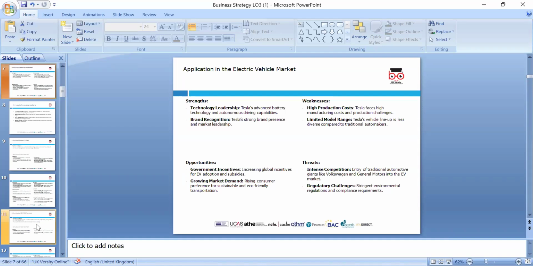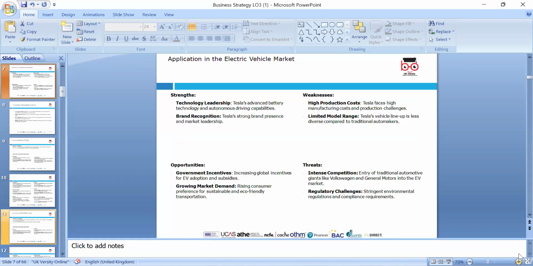So technology leadership. What is the strength of Tesla itself? Technology is one. Brand recognition. How can we find that figure? We can say how much the brand is worth in the car industry, and how much the Tesla brand value is.